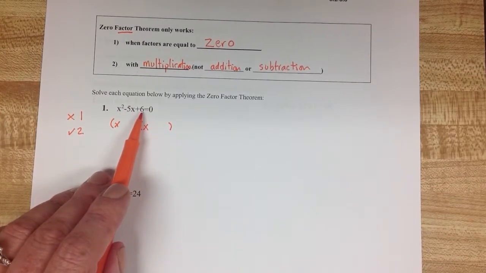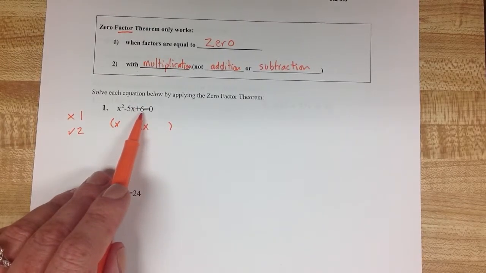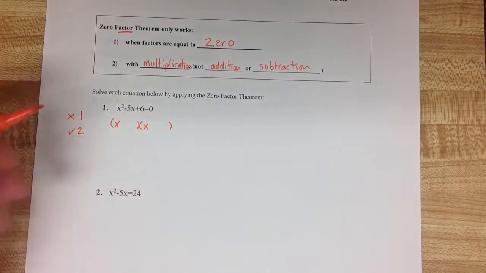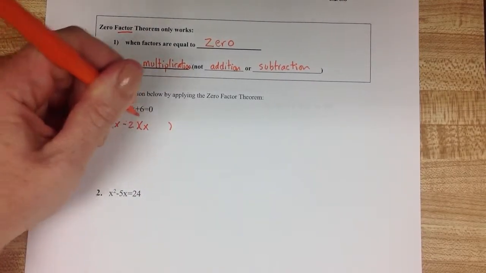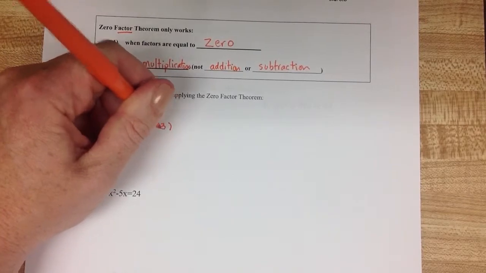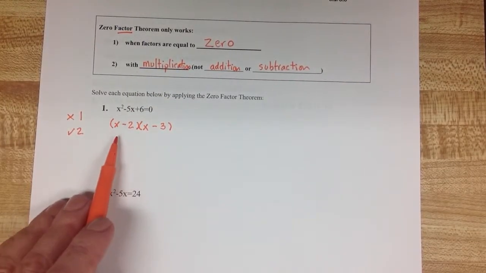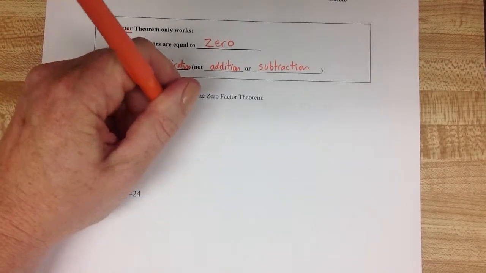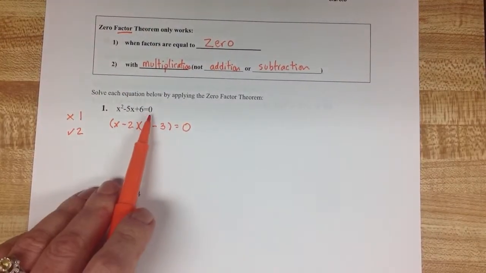So a negative 2 times a negative 3 will multiply together to give me a positive 6. And when I add negative 2 and negative 3, I'll get negative 5. So the factors I want to use to factor this quadratic are x minus 2 times x minus 3. And it is still equal to 0.